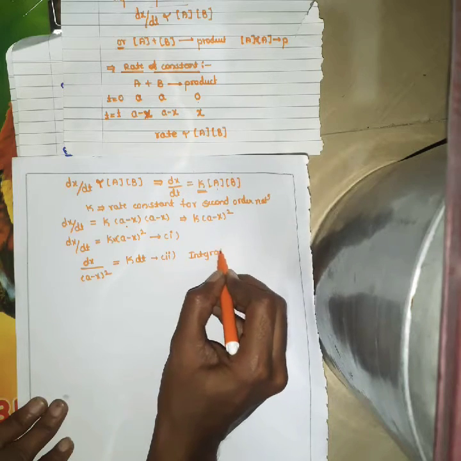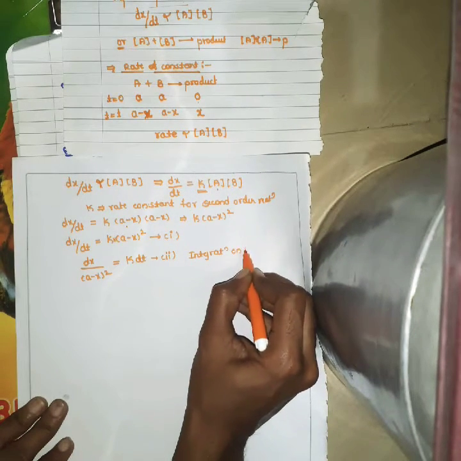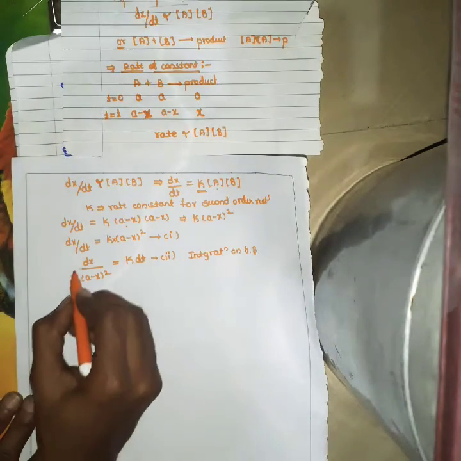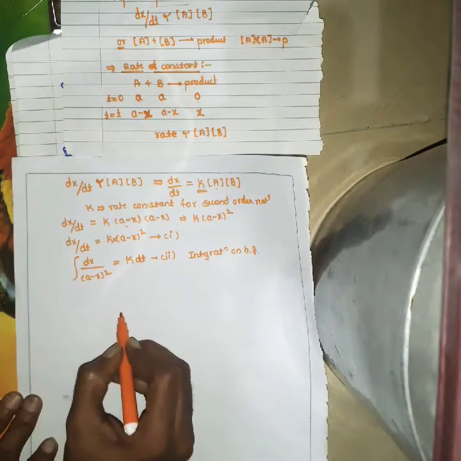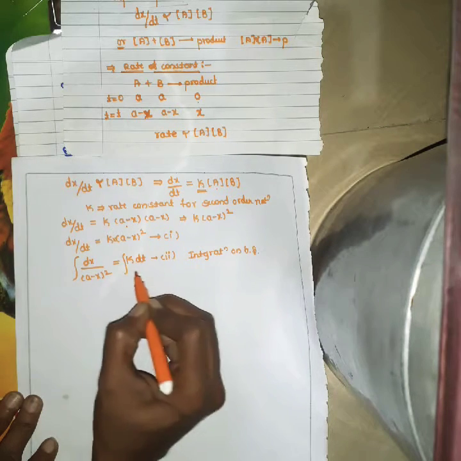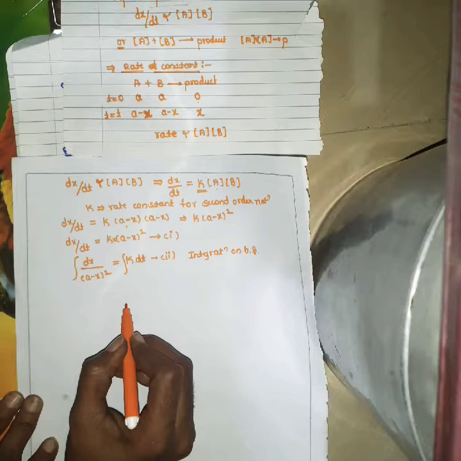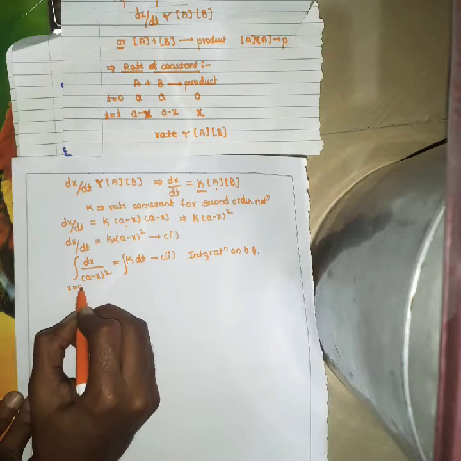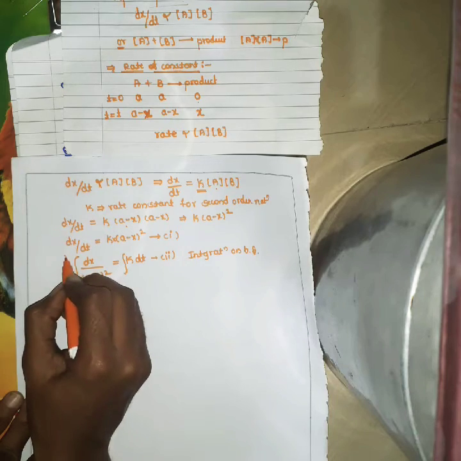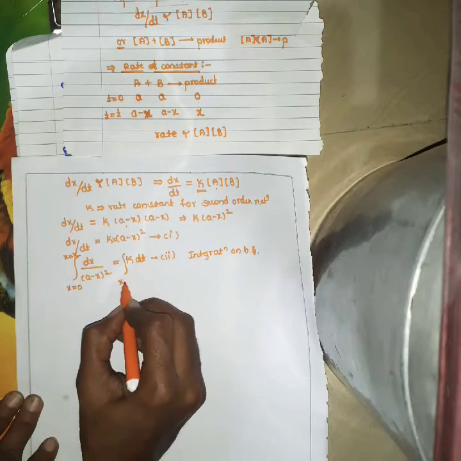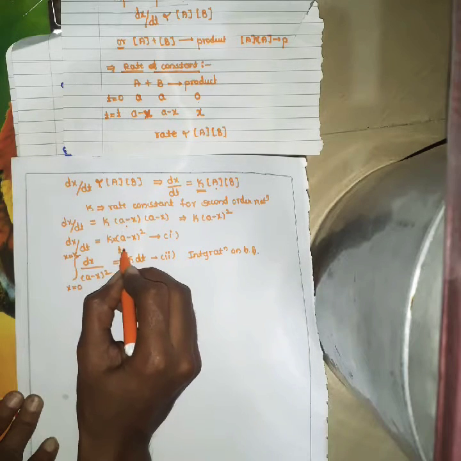Apply integration on both sides. Integration of dx by a minus x whole square, and integration of k into dt, with limits from x equal to 0 to x equal to x, and t equal to 0 to t equal to t.